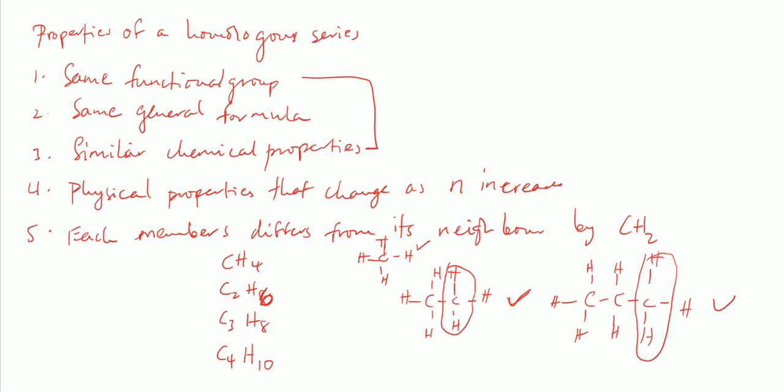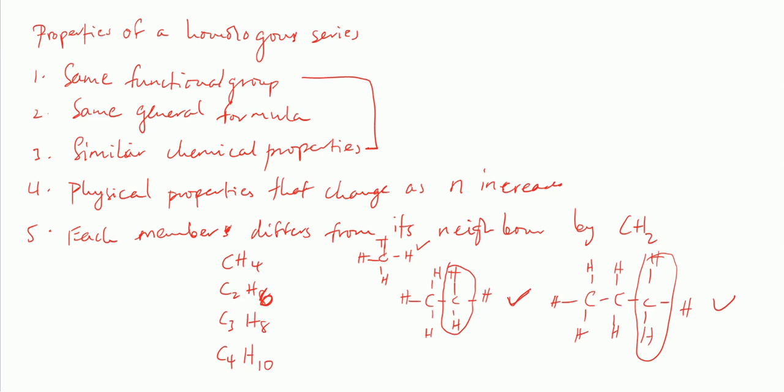Now, when we say CH2, we mean adjacent members of a homologous series. Just be careful with that, because some people put CH2 but don't explain what it means. It's adjacent members, so it should be each member.